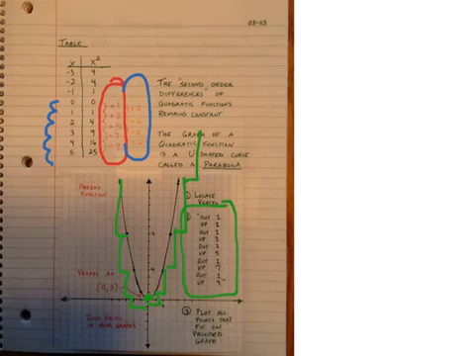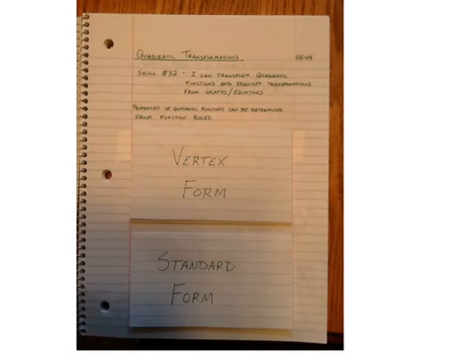This is page 05-04, skill number 32. I can transform quadratic functions and identify transformations from graphs and equations. As you can see, this page consists of two trifolds, the first being Vertex Form and the second being Standard Form.